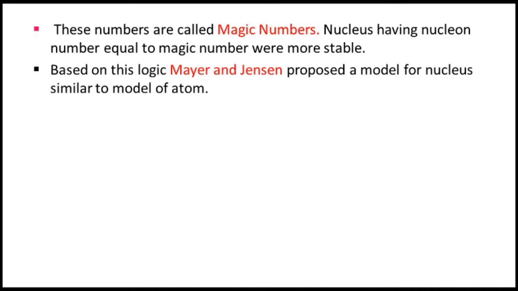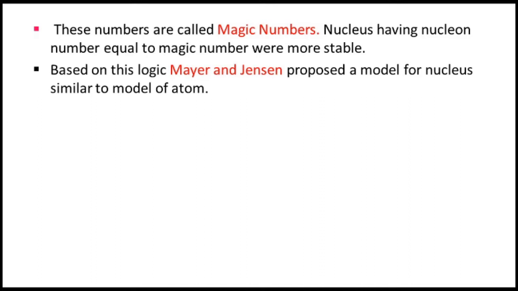Now see, we have certain elements in which the number of electrons present was 2, 8, 18 and so on, and they were more stable.